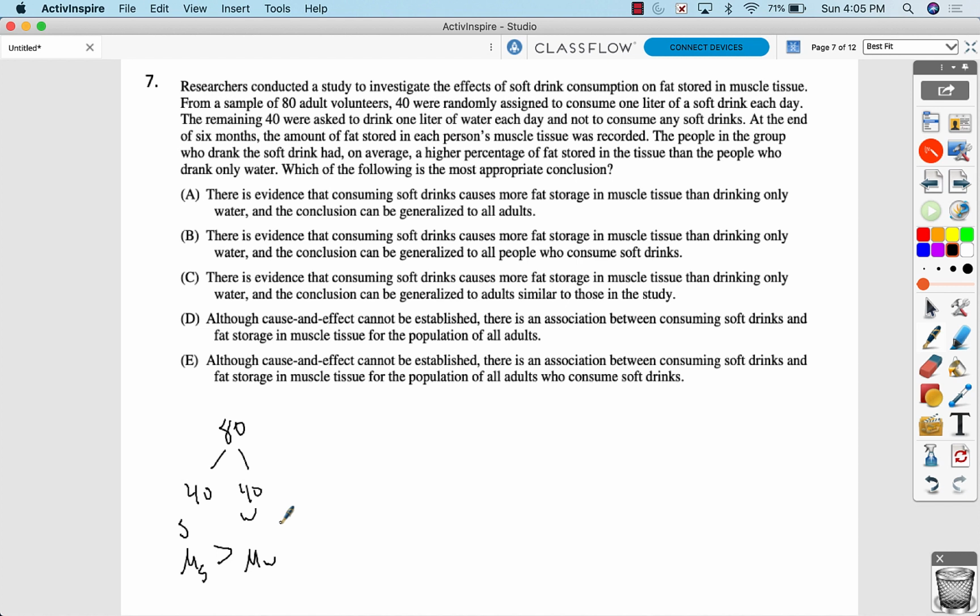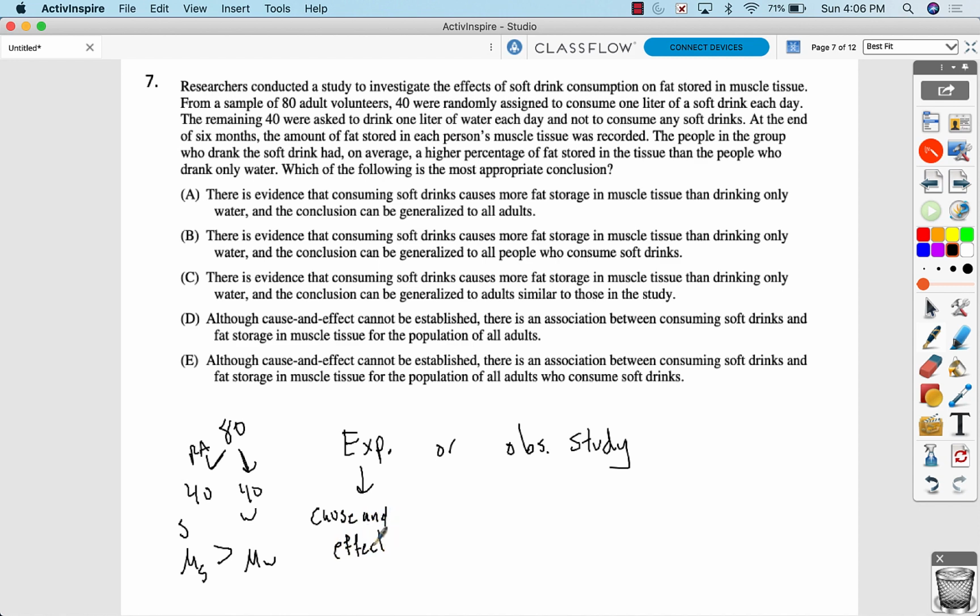Okay, now the question is, is this an experiment, or an observational study? Because the scope of the study is different depending on which one it is. Since you randomly assign these people, and I think they even controlled their diets just in case, if this is an experiment, you can say cause and effect.